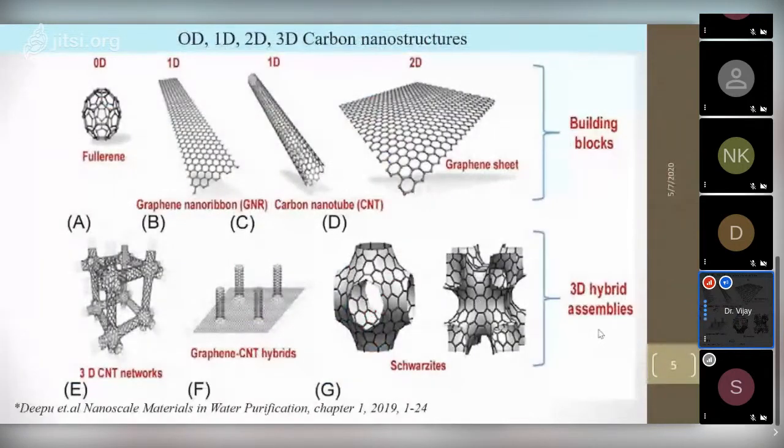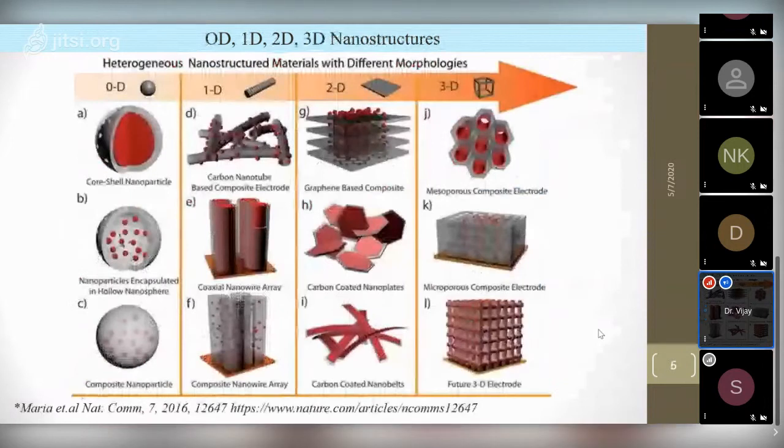So with carbon nanostructures, we have a wide variety of choices, from 0-dimensional fullerene, 1-dimensional nanowires or tubes, and 2-dimensional graphene sheets. Recently, they also try to bring in 3-dimensional hybrid structures, for example mesoporous or microporous composite electrodes, or carbon-coated nanoplates with hybrid nanoparticles, or core-shell particles in carbon nanotubes.